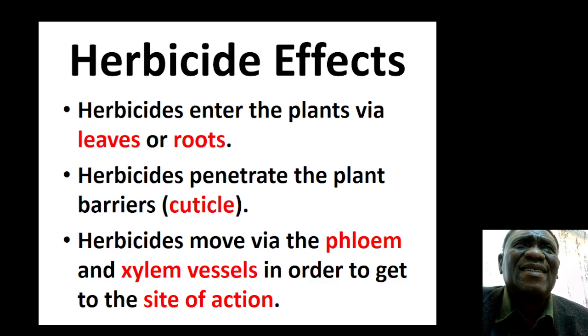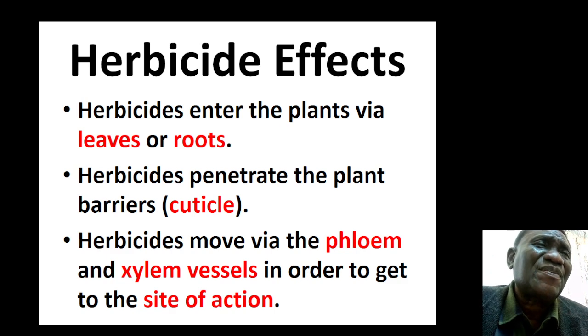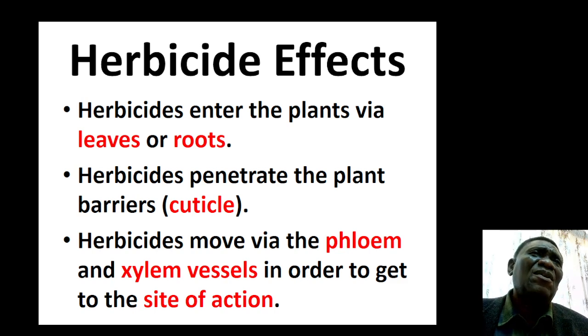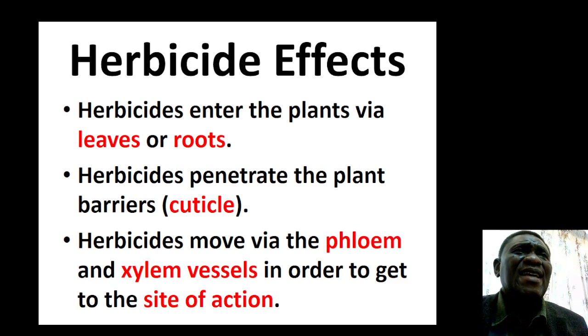Herbicides can penetrate the plant barriers or cuticle. Herbicides move via the phloem and the xylem vessels in order to get to the site of action.